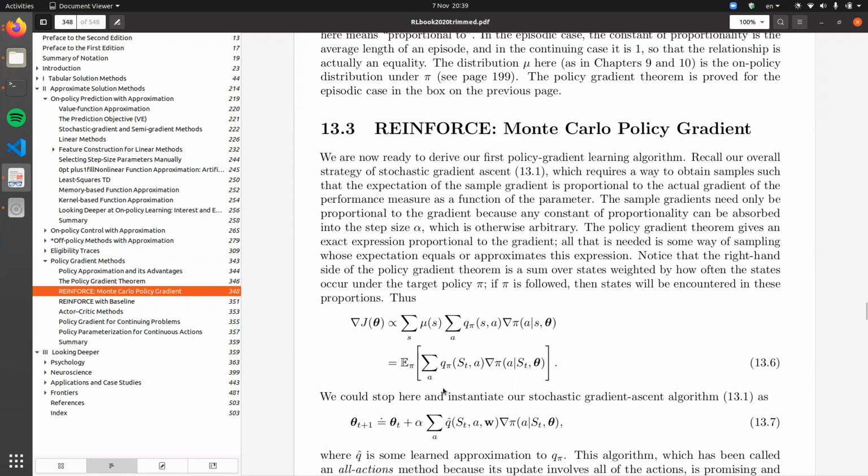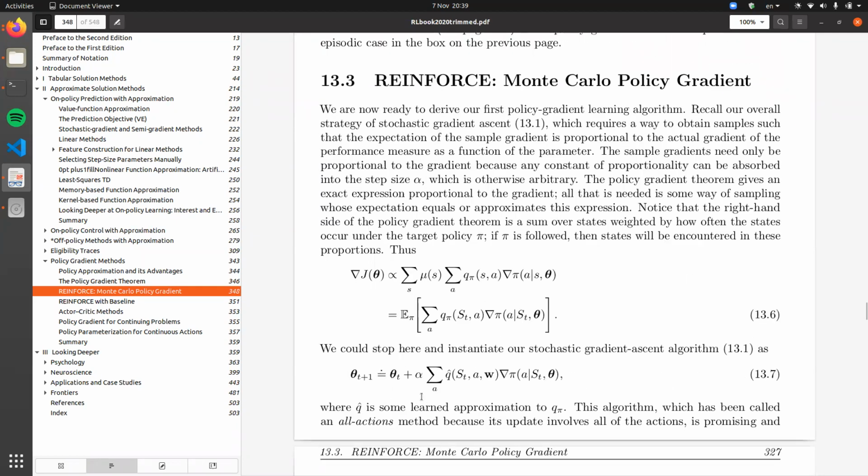So this expectation is something that we can sample from and apply stochastic gradient descent, or ascent in this case, because we want to maximize the objective.